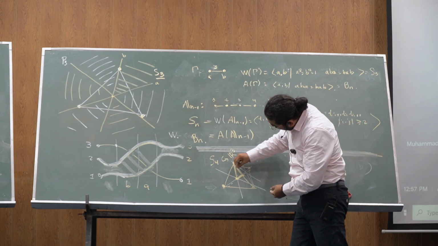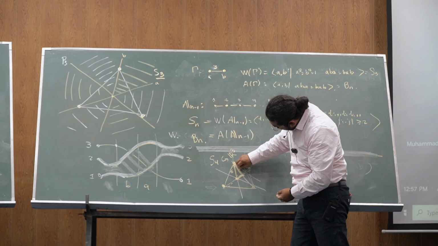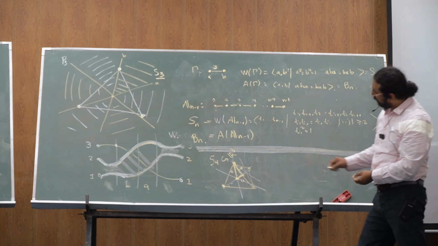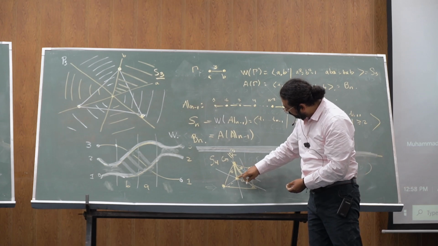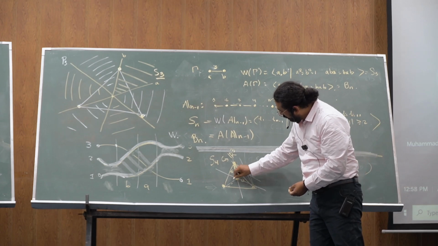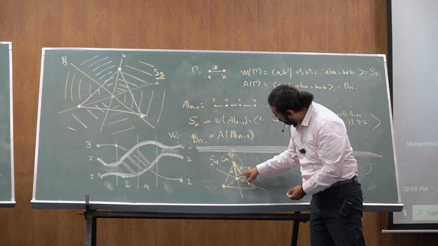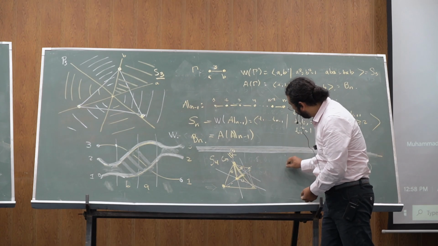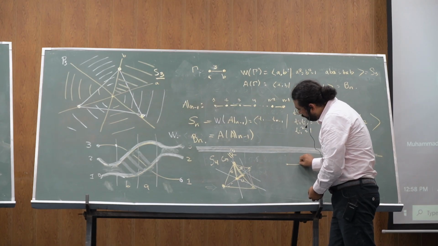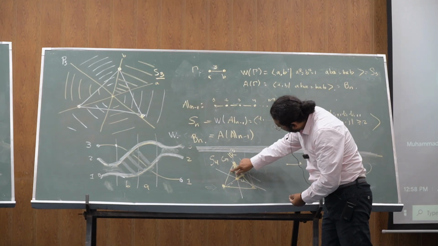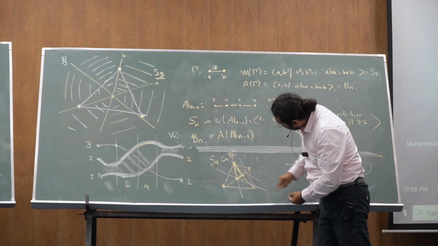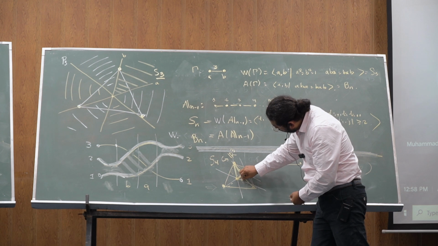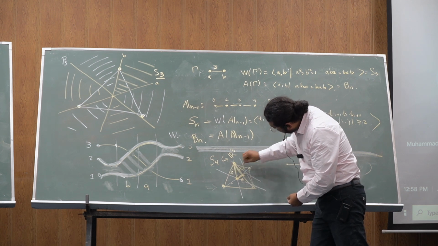This will be A, B, and C. And look at the angles that they form among each other. Let me just number it better: A, B, C, like this.